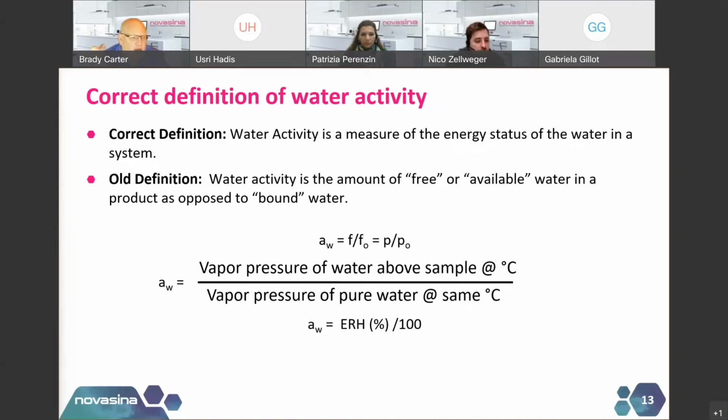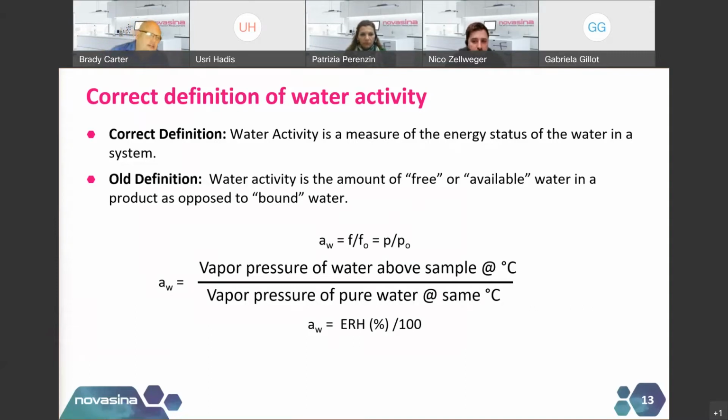And so if we want to know something about the energy of water, or any material for that matter, what we look at is how readily that material, in this case water, can escape from the product itself into the vapor phase. If there's a high number of water molecules whose energy is high enough to escape into the vapor phase, then you're going to exert a higher pressure in the headspace above it.